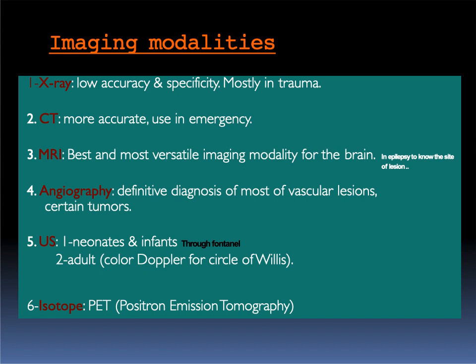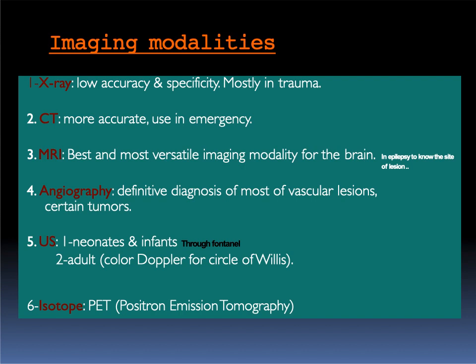We must not forget also the ultrasound. We usually use ultrasound, which is easy and available, although it is a personal dependent technique, it is one of the very important modalities, especially in neonates and infants.